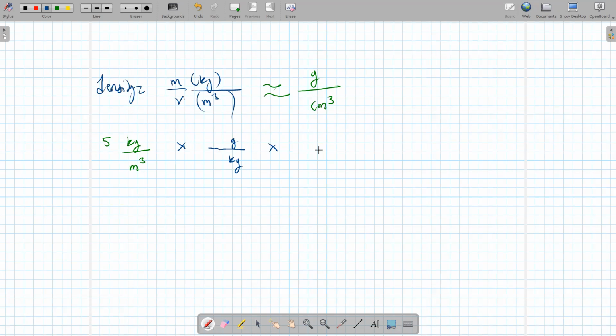Same thing with the meters cubed. What do we want to do? We want to kill that meters cubed. We're gonna put that up here, and we're gonna introduce a centimeters cubed down here. How many grams in 1 kilogram? You have 3 options: 10, 100, 1,000.